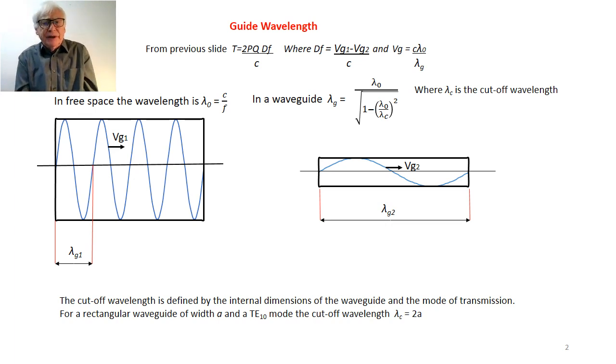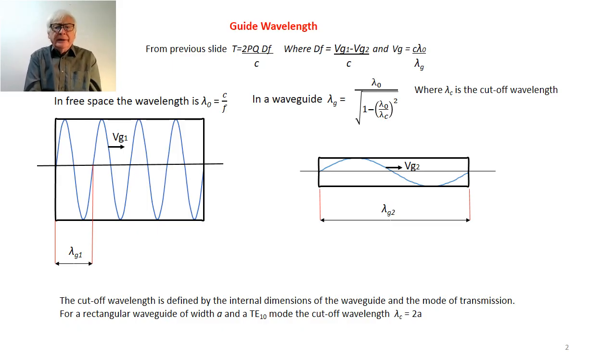So what does cutoff wavelength mean? Well, it means that as the dimensions of the waveguide, or the dimensions of the cavity, decrease, we know that the velocity also decreases, but the guide wavelength, lambda g, will start to increase. And lambda g will increase until it reaches this so-called lambda c cutoff wavelength.